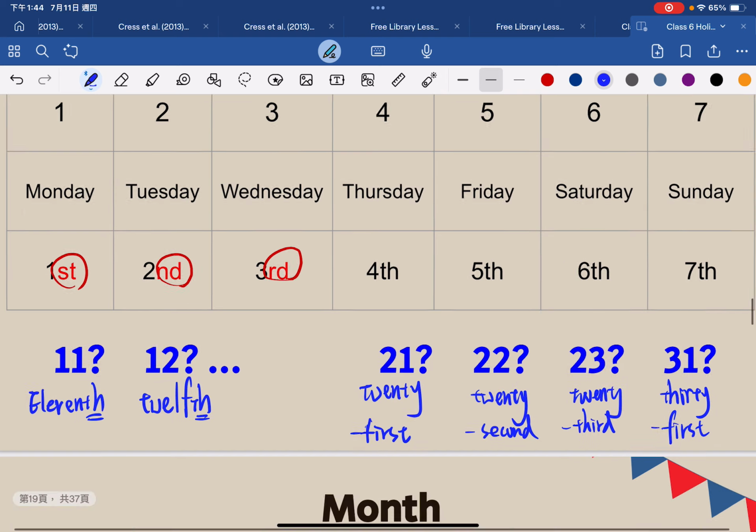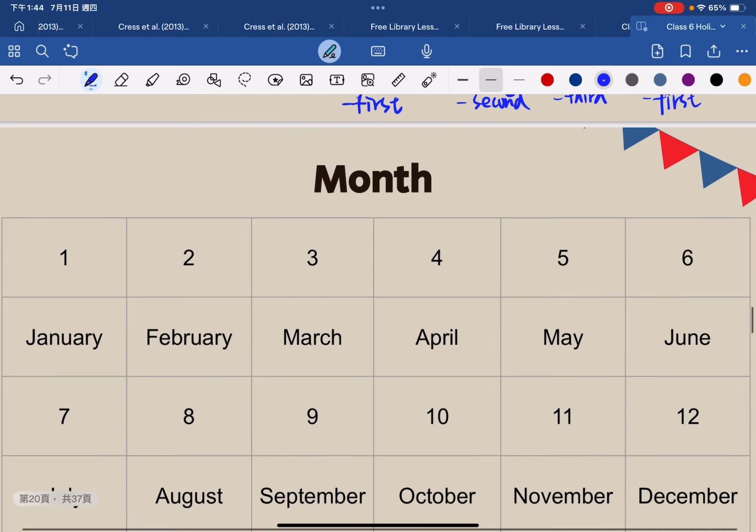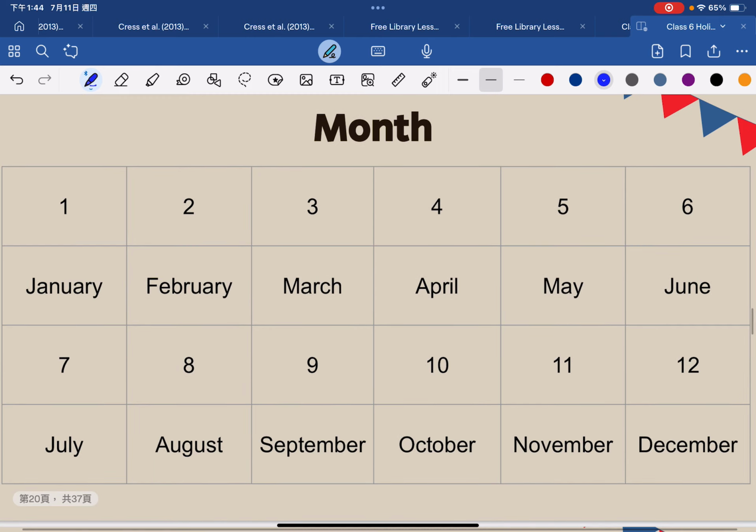So here are all the months for a whole year. I believe most of you already know these words. I'm just going to read through them so you can practice listening.